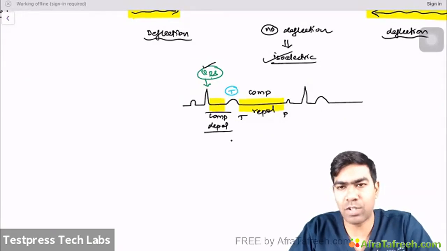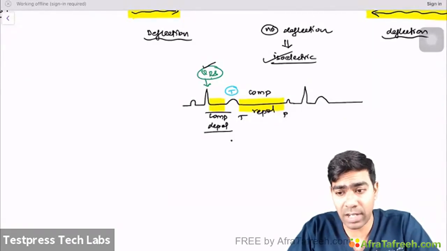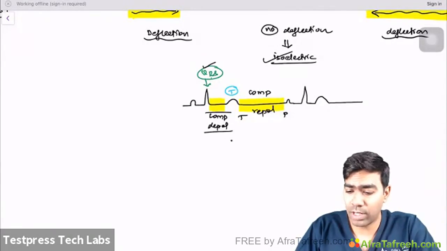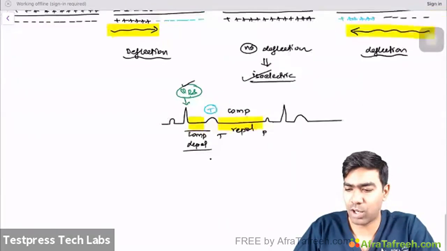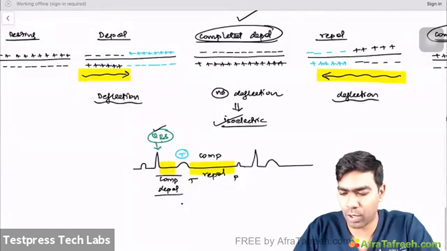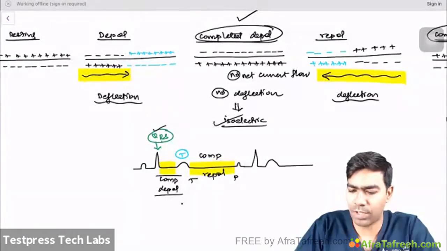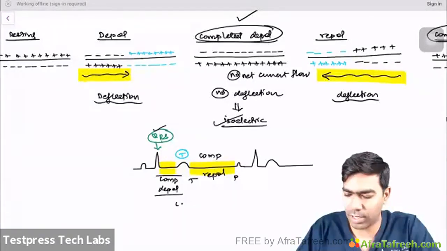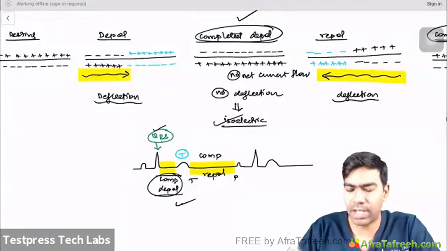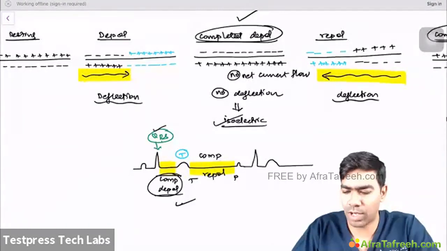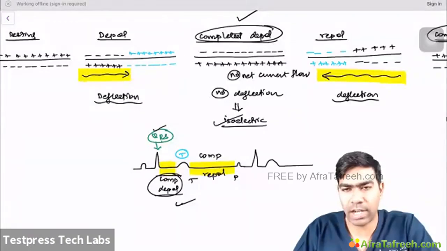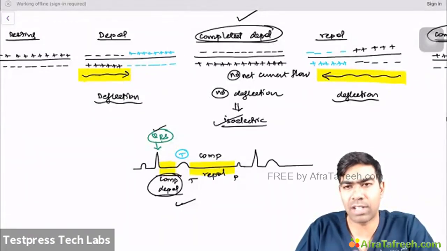So that explains why you really get ST elevation and ST depression. During the complete depolarization, there should not be any electrical current going on, which means there is no net current flow. That's really, really important. During those isoelectric points, where there is a completed depolarization or a complete repolarization, you really don't get any net current flow.